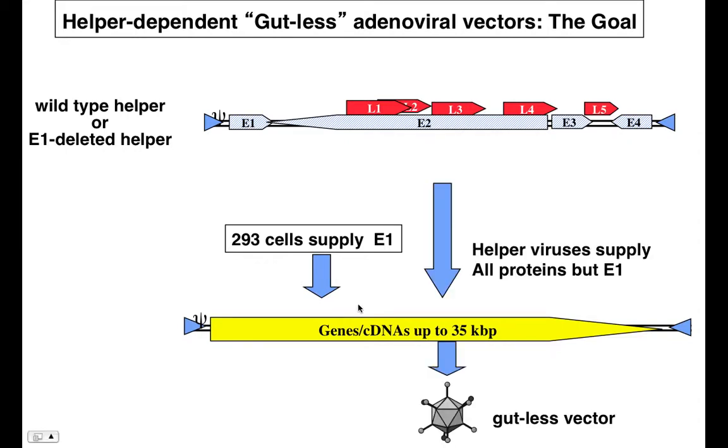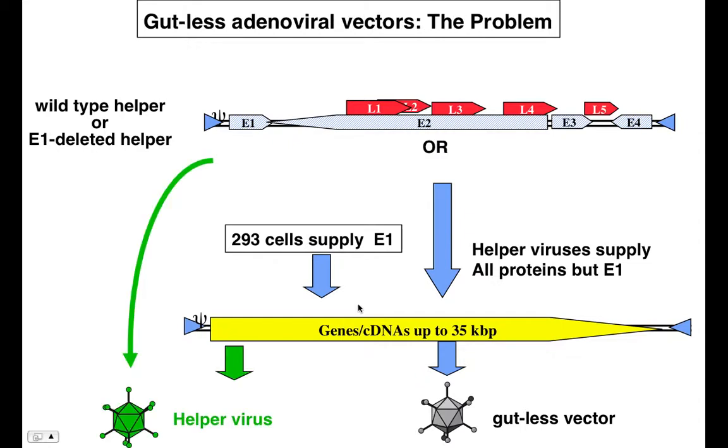And it supplies everything except E1. E1 is probably added in a different plasmid. The problem with these is that you will get some amount of normal adenovirus out of it, hence the green picture, adenovirus. That is not a gutless vector, that is a non-gutted virus that still has all of its bad effects.